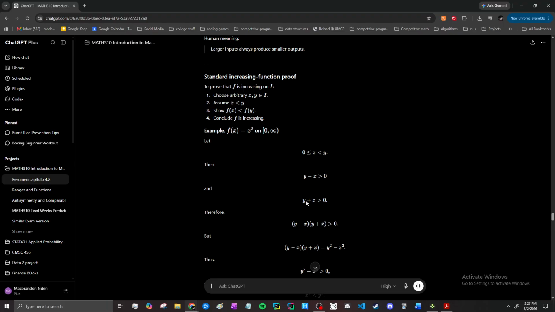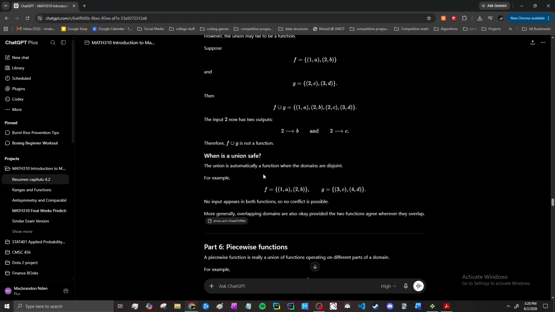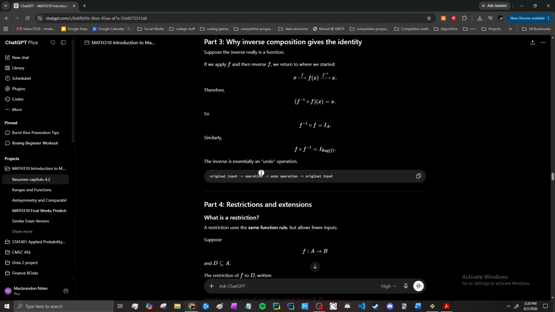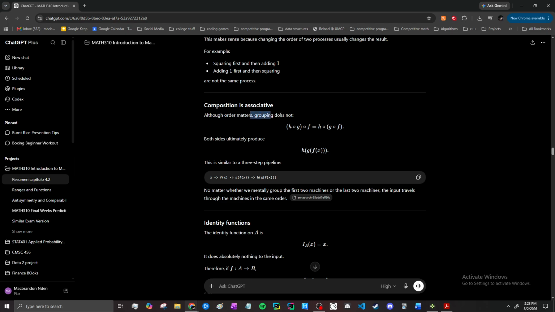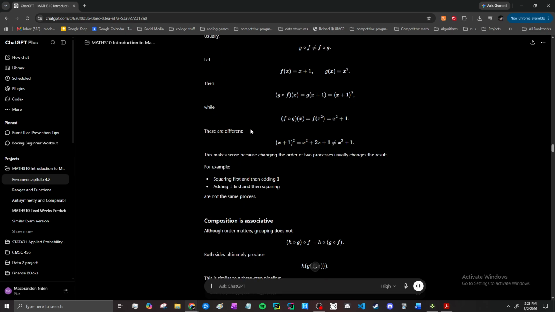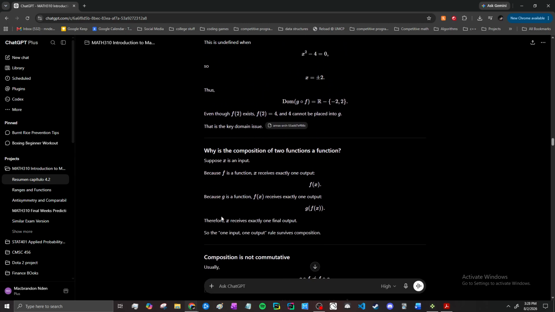It gave us the example of a composition. I think part two talked about the inverse of it. Again, part one: associative, when it can be a function, it's not commutative.